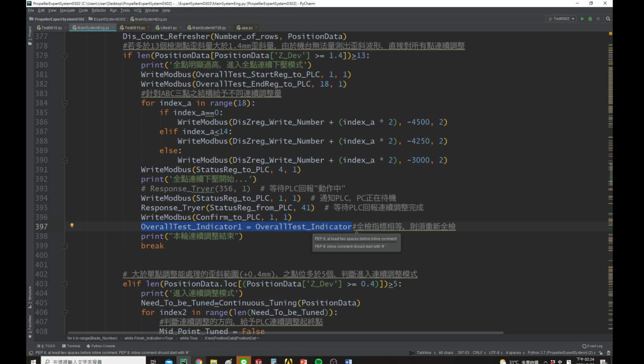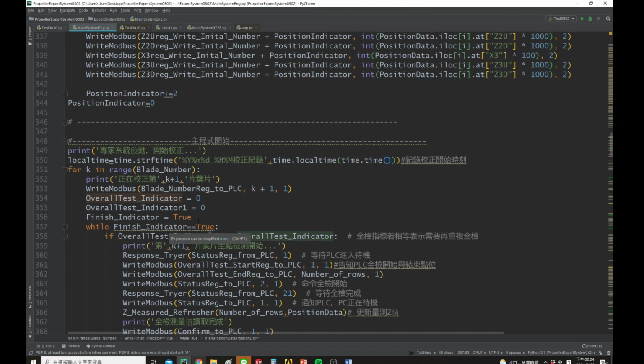That means when it comes back to the beginning of the loop, it will have to do the overall test again.